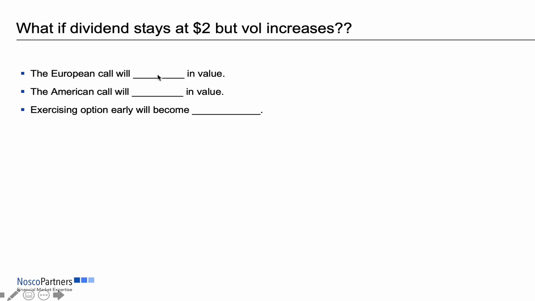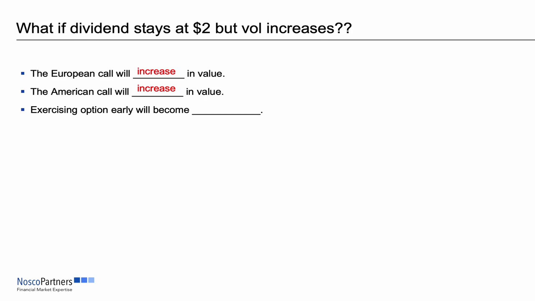Now, think about that for a sec. What happens to the value of the European call if volatility increases? Of course, the value will increase. What happens to the American call if volatility increases? Of course, the American call value will also increase. I mean, options like volatility.